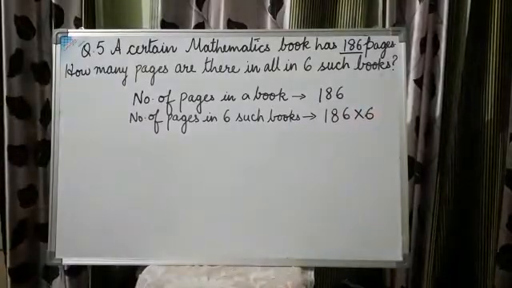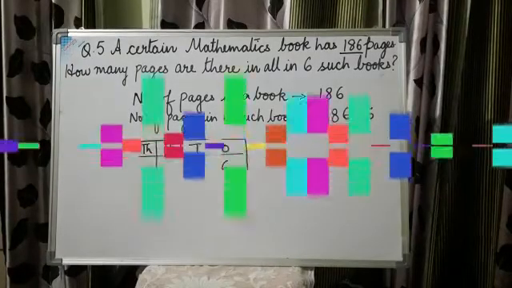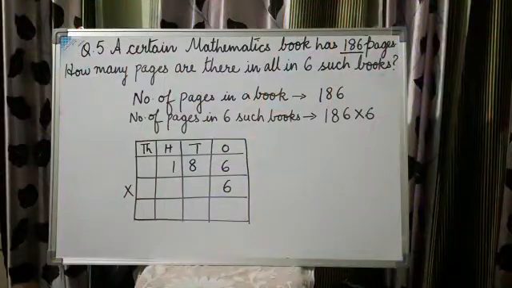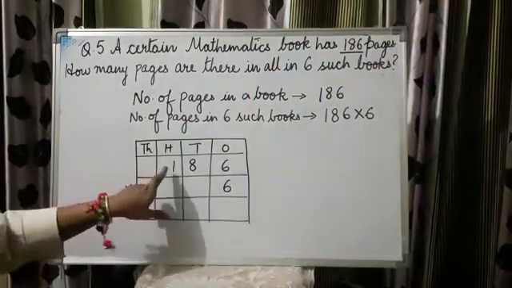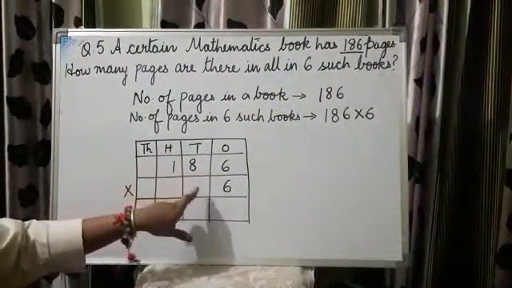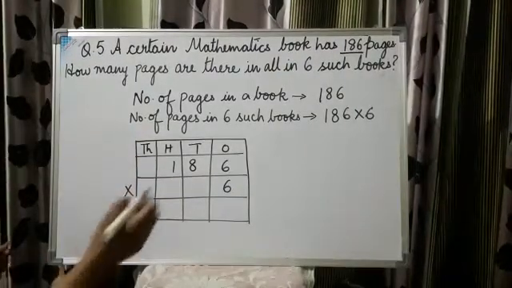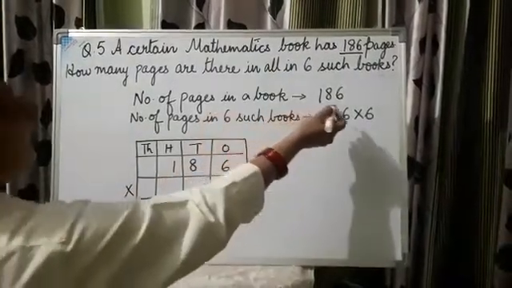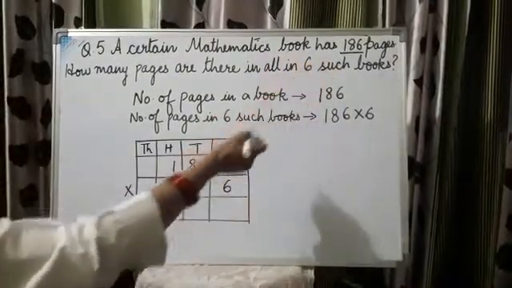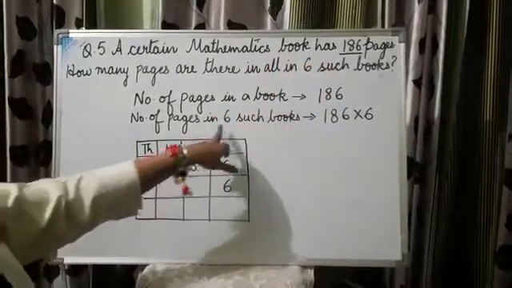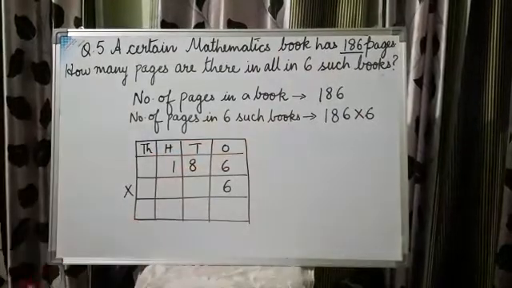So students, we are going to now draw the blocks. Now blocks have been drawn and I have put the numbers inside the blocks so that we can multiply it. Since there are 186 pages in one book, we are going to find out in 6 such books how many total pages will be there.